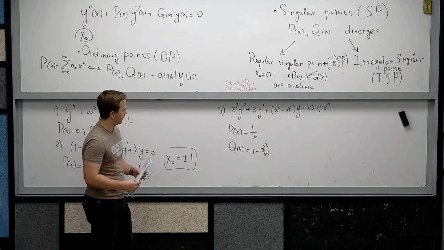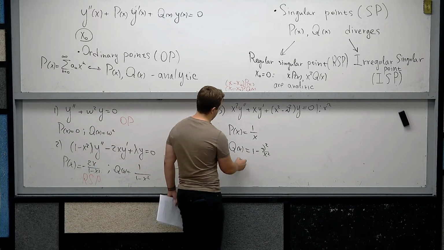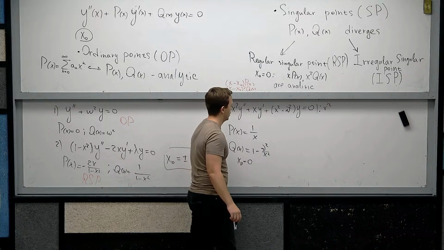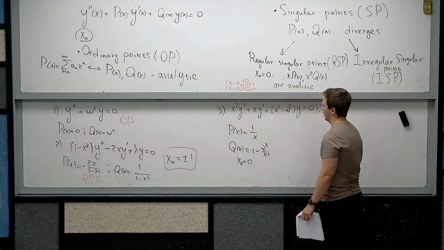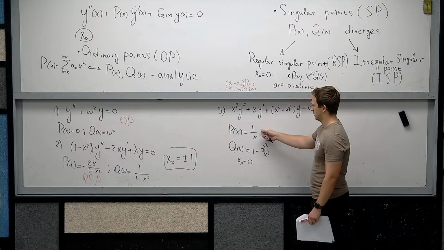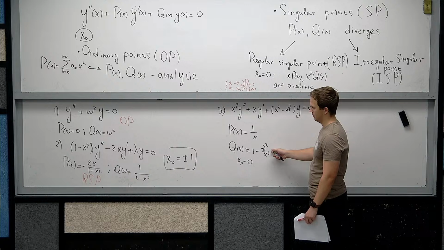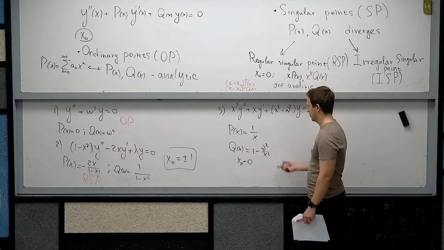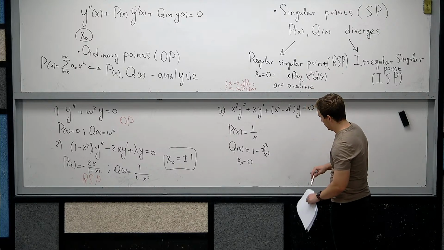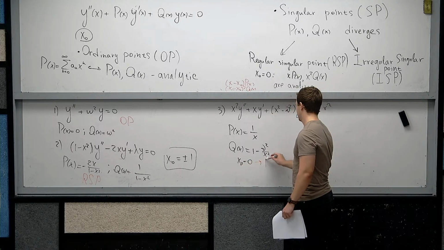Again, we have a problem at the point x equals 0. If we multiply this by x and this by x squared, we will obtain analytic functions. So x naught equals 0 is a regular singular point.